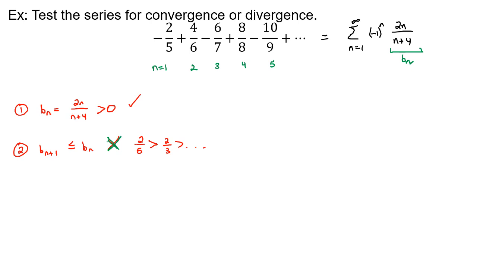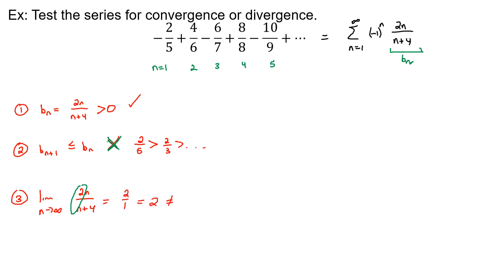If you wanted to check the third one, you can. You don't have to. Since it failed the second one, it doesn't really matter. But as n goes to infinity, the power for the n on top and bottom are the same. So I'd do the coefficients in front for my limit. That would be 2/1, which is 2.